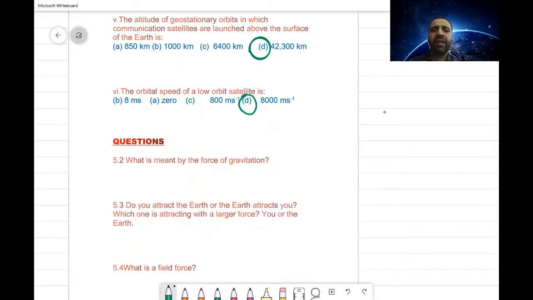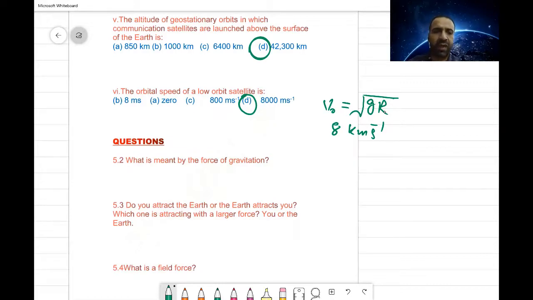Because if you remember, I did it for you, the V orbital was equal to root of gR. We came out to be 8,000 meter per second, and then we put it as 8 kilometer per second, and then in terms of kilometer per hour also. So it is already done. This is not a very surprising question. This is very easy, right?